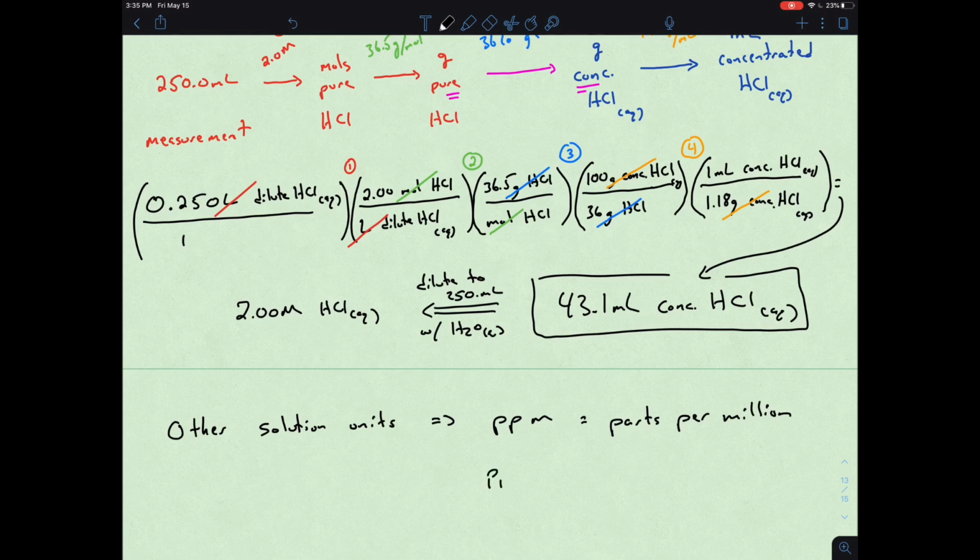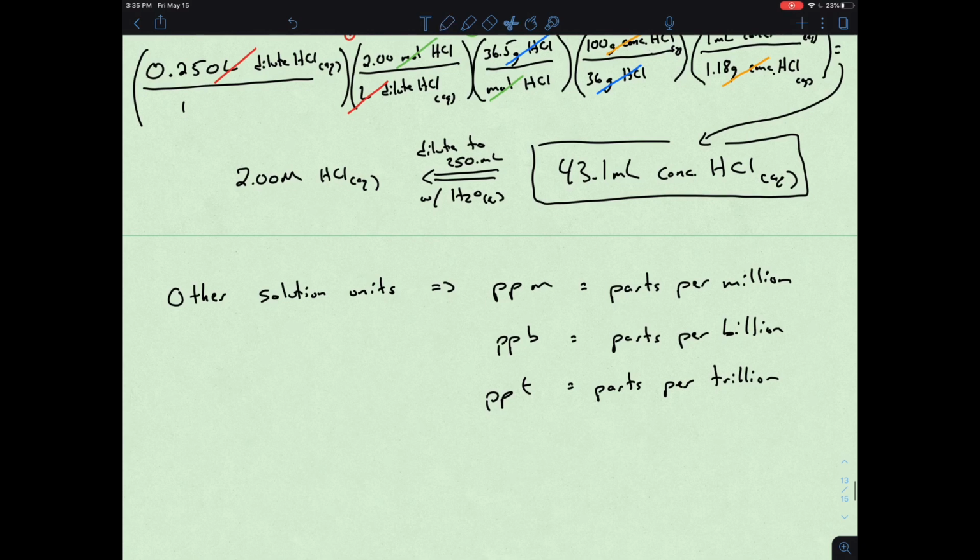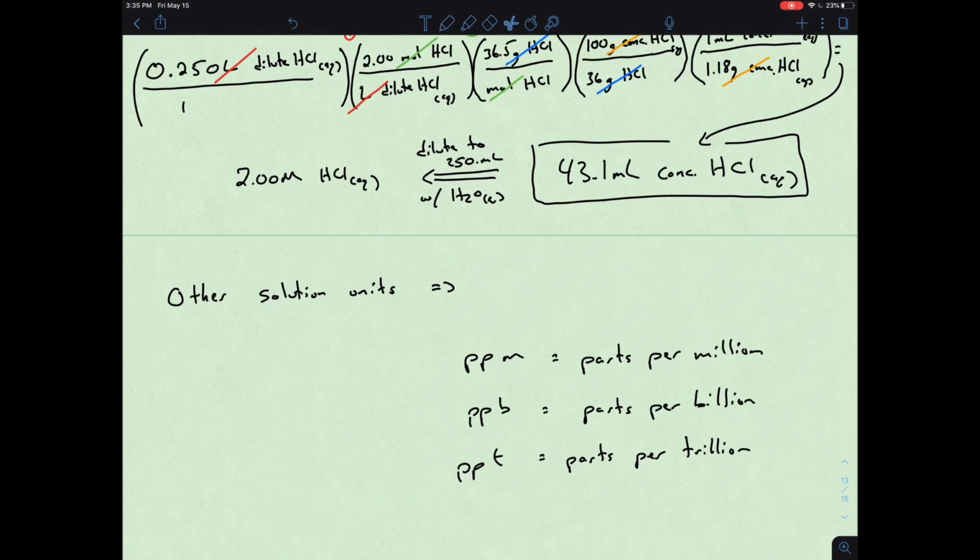It's actually a couple of these parts per idea. We don't tend to see these a lot. We're not going to use these too much. It's just some other units that we find. These we tend to see for extremely dilute solutions.